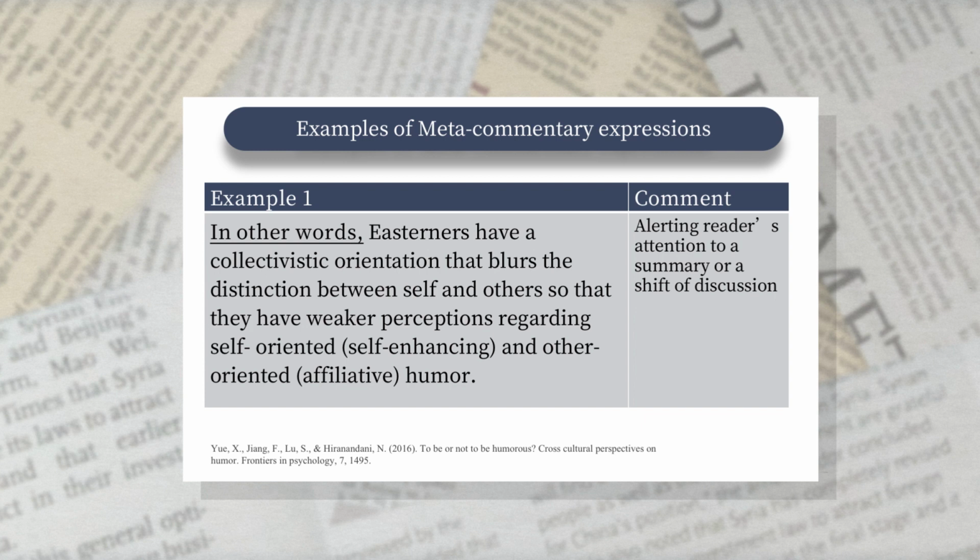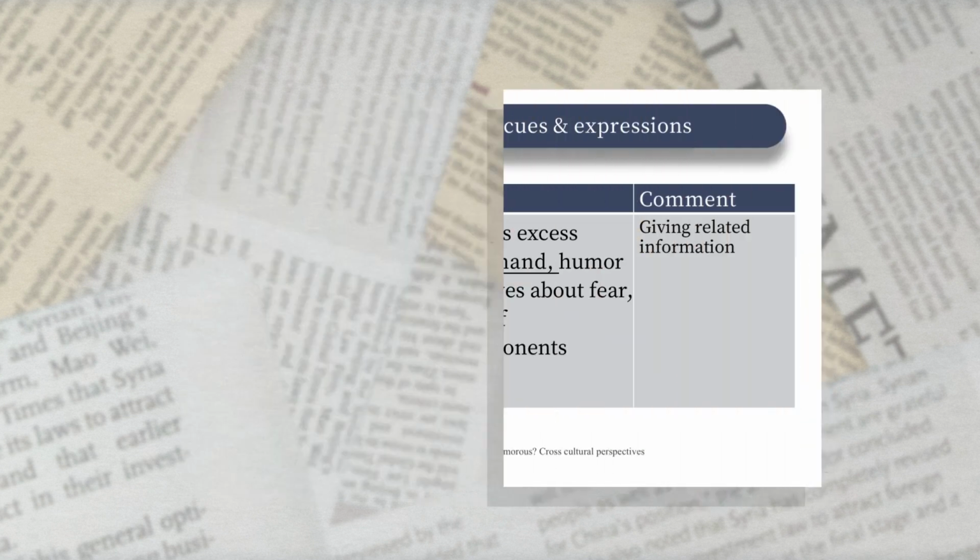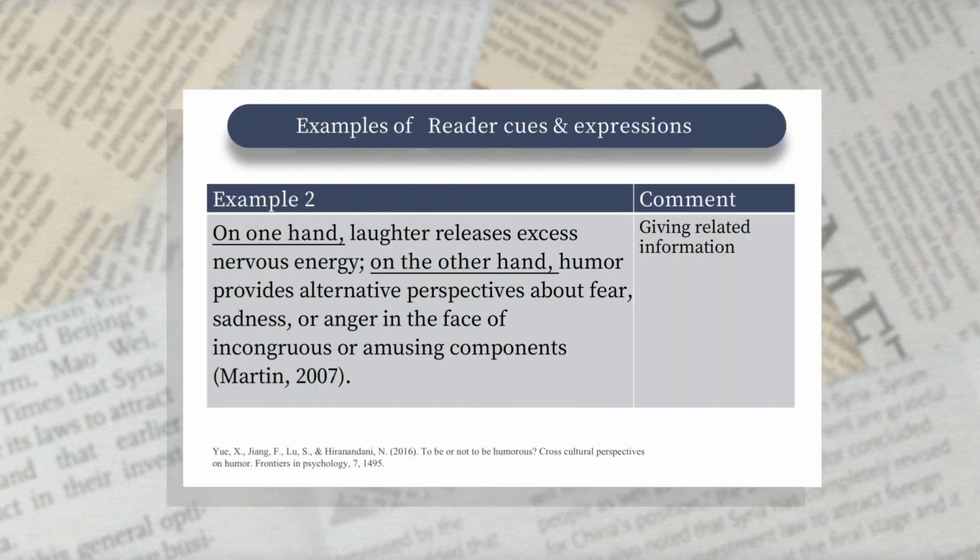So when I say, in other words, I want you to realize I'm saying something either summative or I'm just saying something else. So this is what is called meta-commentary expressions. And here is another example. On one hand, laughter releases excessive nervous energy.